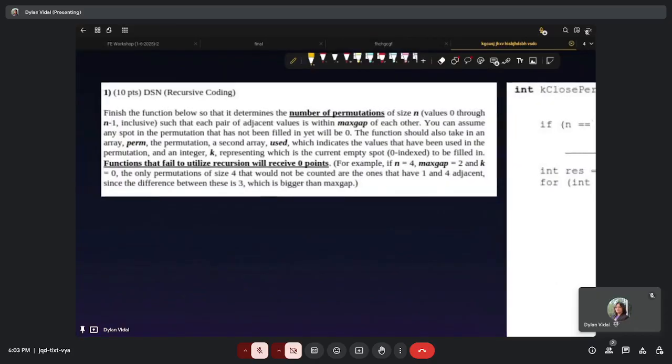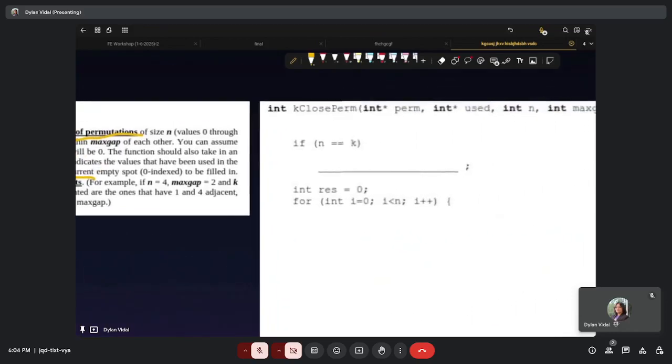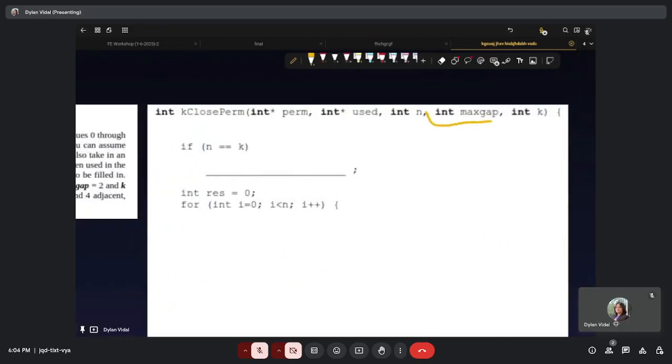So finish the function below so that it determines the number of permutations where each adjacent element has a gap property. This is the one that has the used array. So we have our used array and our current permutation, an integer k, which is the current empty slot, and we're given max gap.